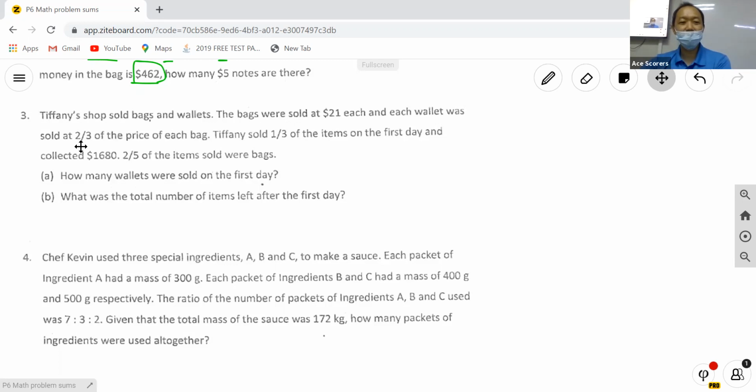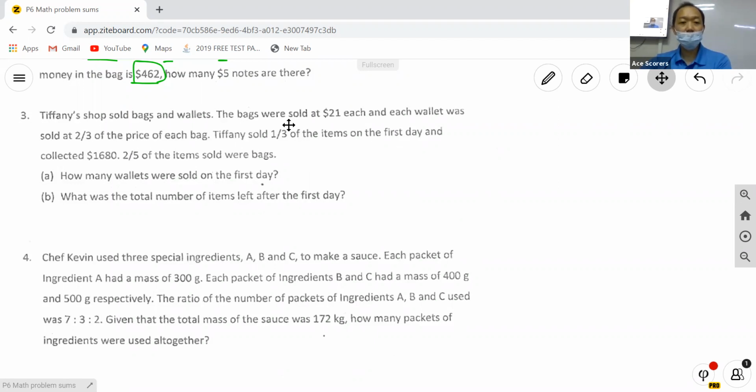What's 2/3 in Chinese? 2 out of 3. So Tiffany sold 1/3 of the items on the first day and collected $1,600, 2/5 of which were from bags.